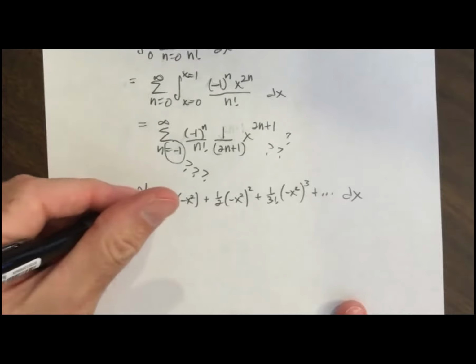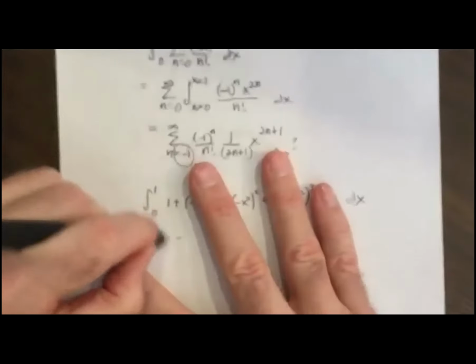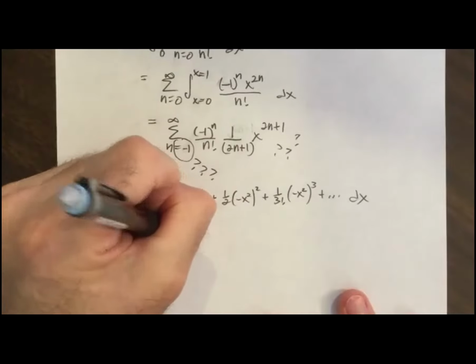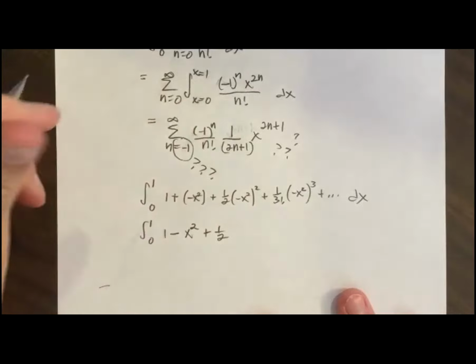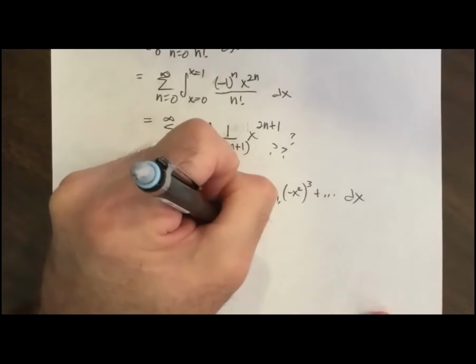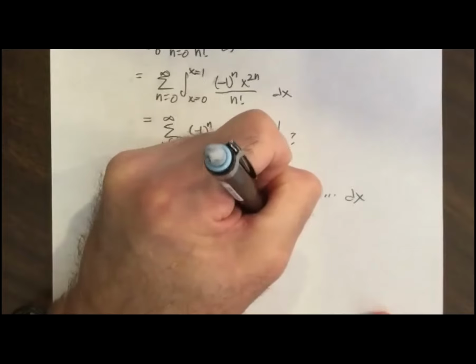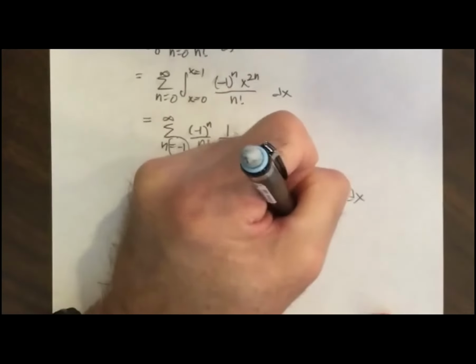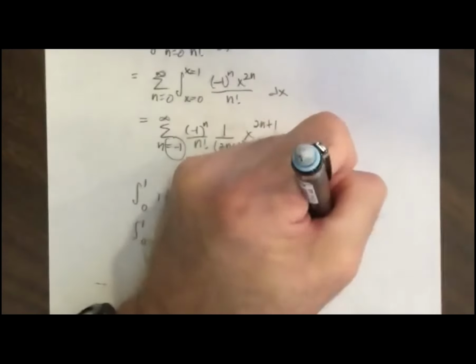So what do I get? Maybe I want to clean this up one more time before I do that, because I might make a little mistake there. Don't want to lose any minus signs. So I'm going to say minus x squared plus 1/2. Because the minus is squared, it's positive, x to the 4th. Then it's going to be minus 1/3 factorial x to the 6th plus 1/4 factorial x to the 8th, minus ... and a dx.